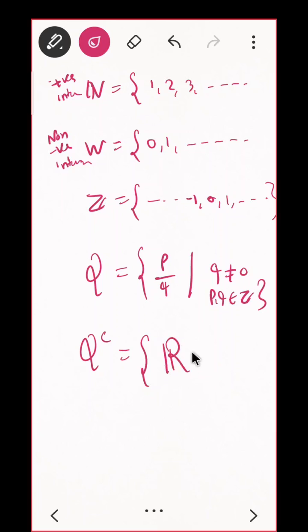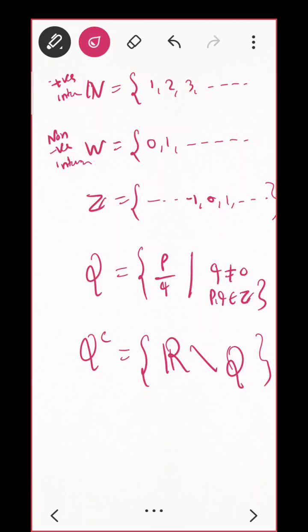If from the set of real numbers I remove the rationals, I will be getting irrational numbers. It means I'm just defining the irrational numbers as the complement. Do you understand? What is a complement?